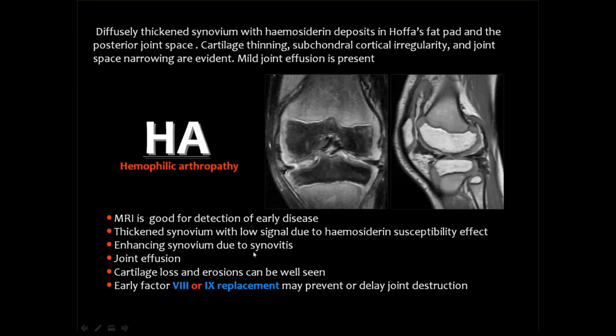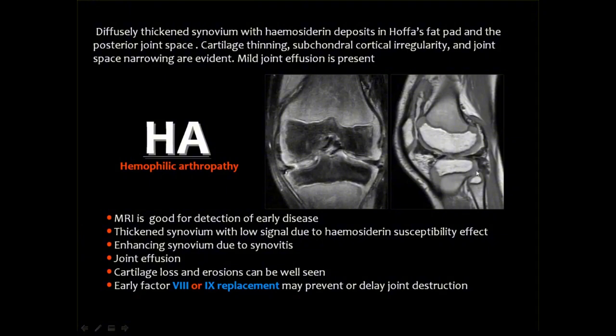If you inject contrast, actually you will not see significant enhancement. And this is one of the differentiating points from pigmented villonodular synovitis, which will show low signal in the T2 weighted image, and if you inject contrast material, the pigmented villonodular synovitis will enhance.